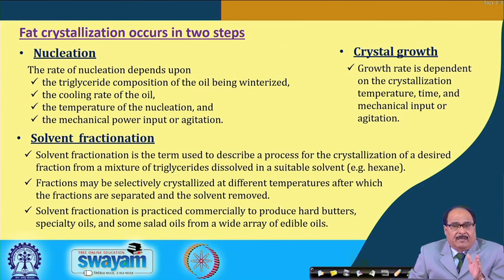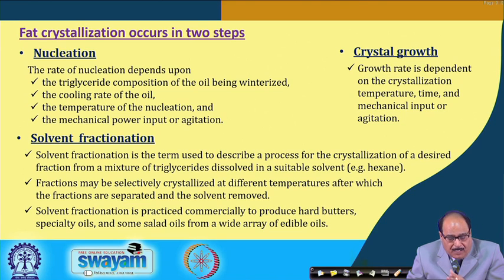Another important term here is the solvent fractionation. In fact, it is the term used to describe a process for the crystallization of a desired fraction from a mixture of triglycerides dissolved in a suitable solvent. Fractions may be selectively crystallized at different temperatures, after which the fractions are separated and the solvents are removed.